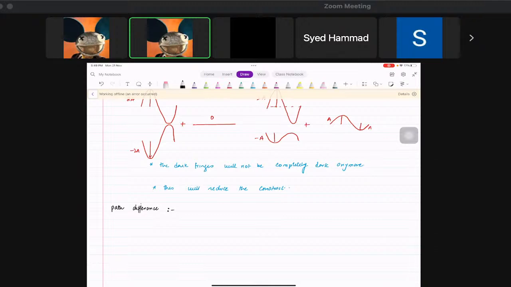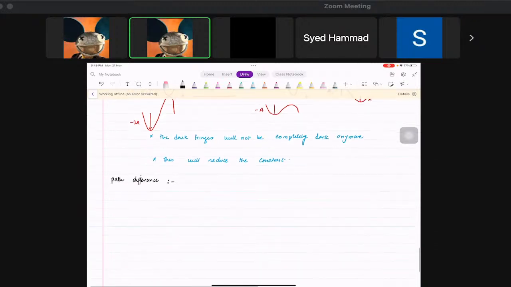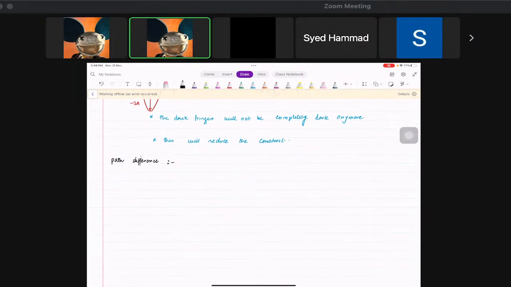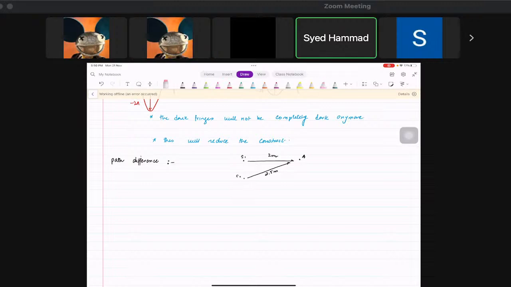Say, for example, I have to go to point A. One person from S1 goes there and only travels 2 meters, and there's another person at S2 who goes to the same point, but has to travel 2.5 meters, so the path difference between these two will be 0.5. Do you get my point? Okay. So it's just simple subtraction.